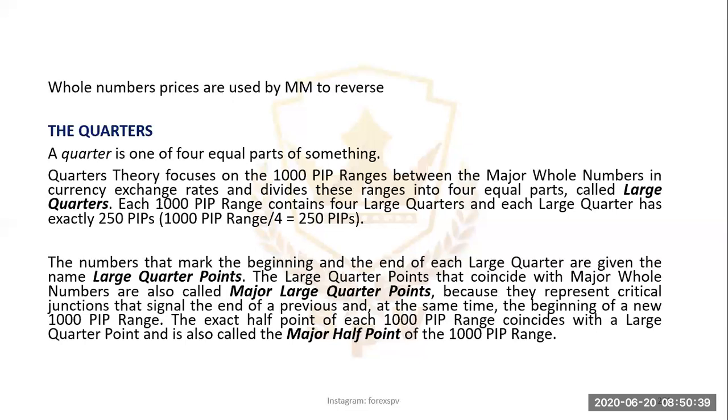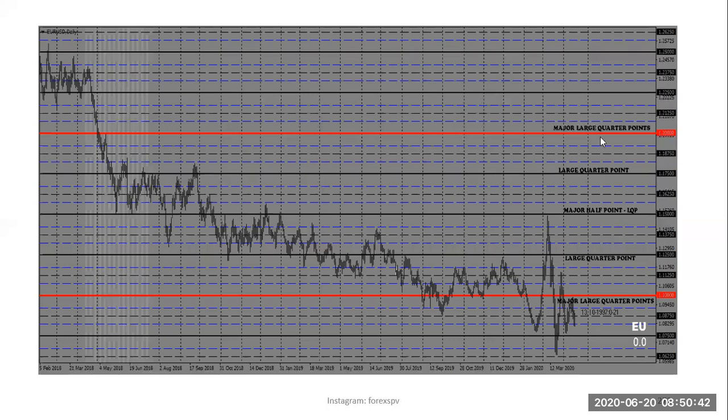Here's an example. We have the 1000 pip range from this red line to this red horizontal line, and you see these prices. This is 1.100 to 1.200. So these prices are called major large quarter points, and in between we have 250 pip ranges from 1.10 to 1.125 to 1.15.